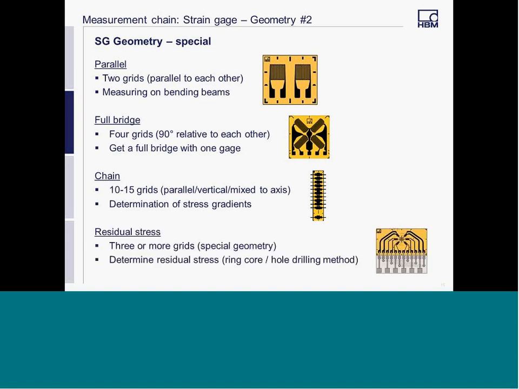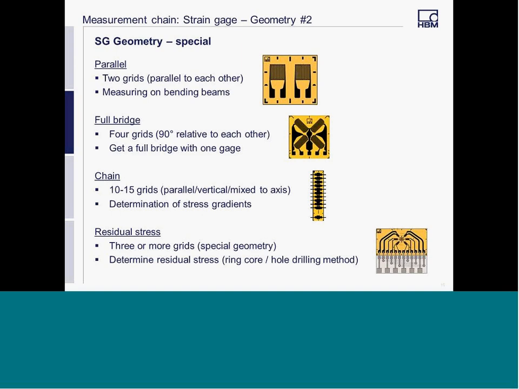And even more special are gauges to measure residual stress. These are internal stresses, for example, in your metal component, and these result from the heating up process, the production process.